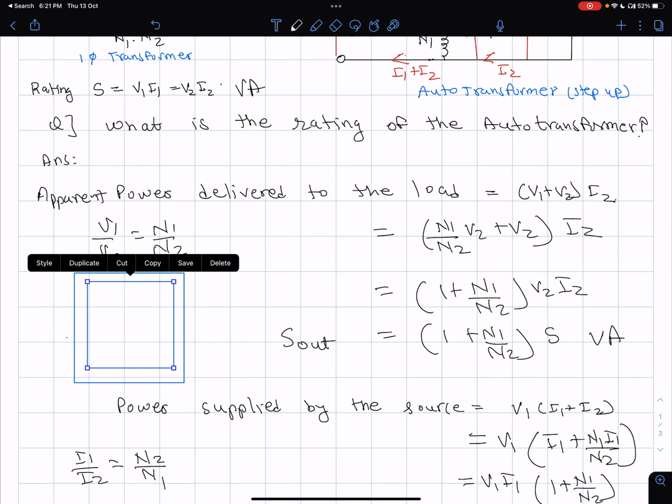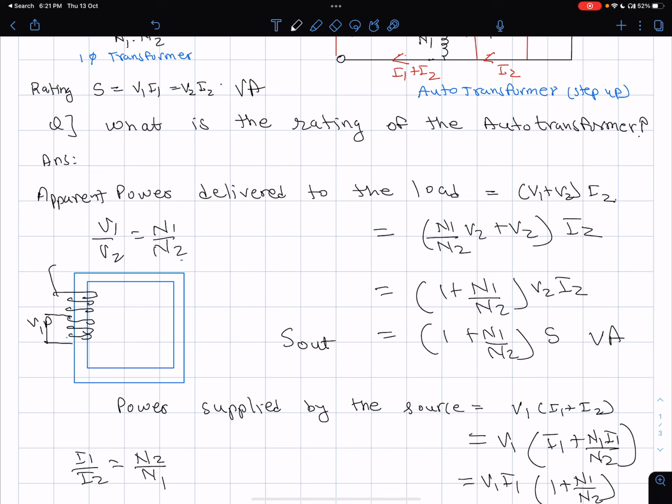I am going to connect this as one primary winding and continue here, that's the secondary winding, and take this out here.